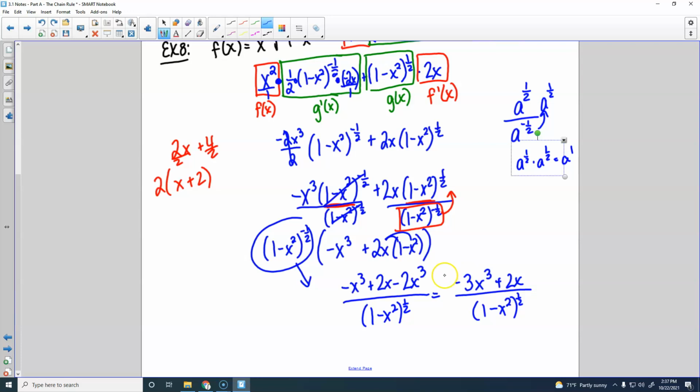And this is typically the way they're going to leave it. They might change it back to a root in the bottom.